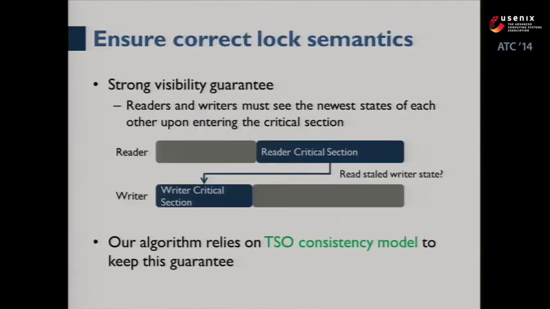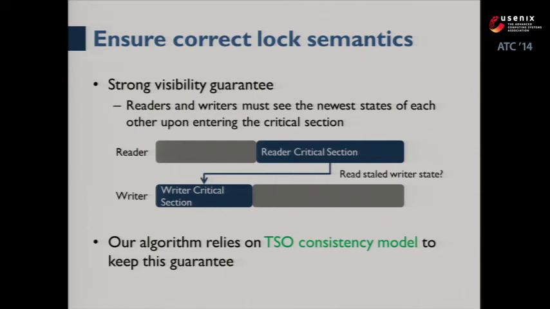But now the story has not ended. A correct lock semantic must have strong visibility guarantees. That means that readers and writers must see the newest state of each other upon entering the critical section. For example, in this case, the writer just exits the critical section and the reader enters the critical section.